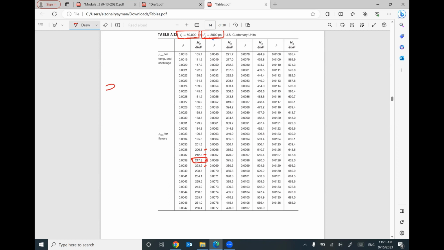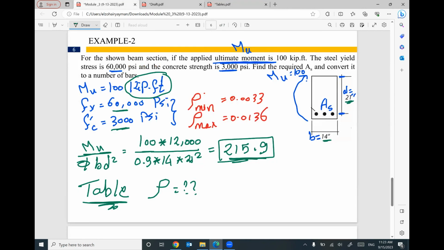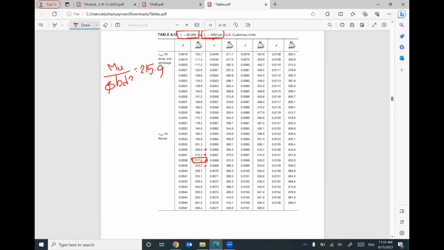The value of M ultimate divided by phi BD square equals 215 point something, 0.9. The nearest value in this table is 217.8. That's fine. Go up, don't go down. So we have 212. No, I'm gonna use 217.8.